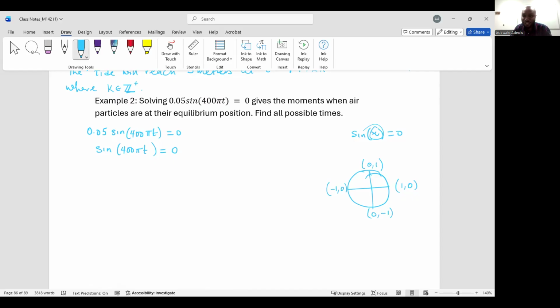So sine is 0 at this point, because we can have it here, we can also have it here. So that is at 0 and at pi, right? So that implies that 400 pi t equals 0 and 400 pi t equals pi. I hope that makes sense to you.